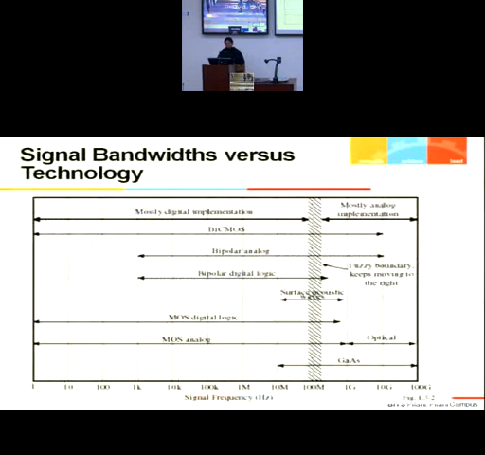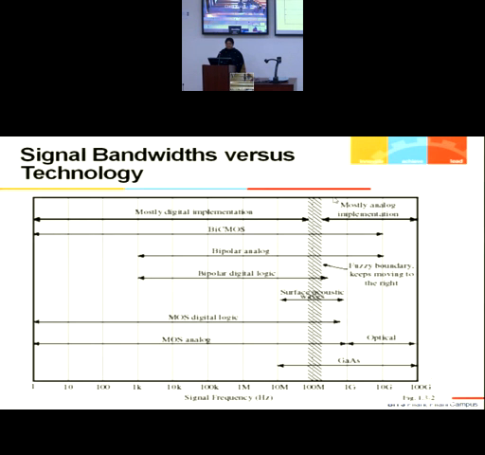Oh yes, this one. Now look here. This is 100 mega signal frequency. Roughly below 100 mega, it is mostly digital. Above 100 mega, though 100 mega is not a strict borderline, you can say it is a hazy range.